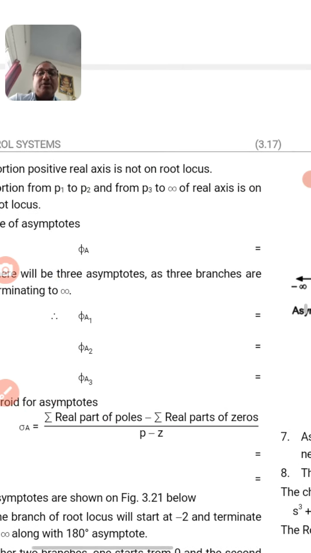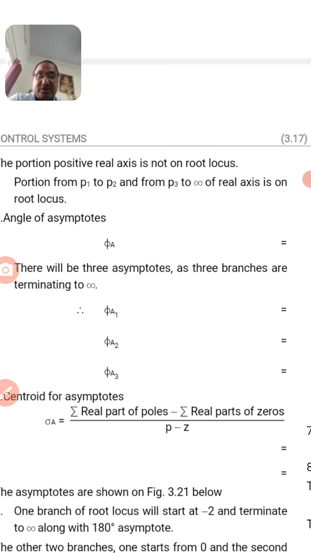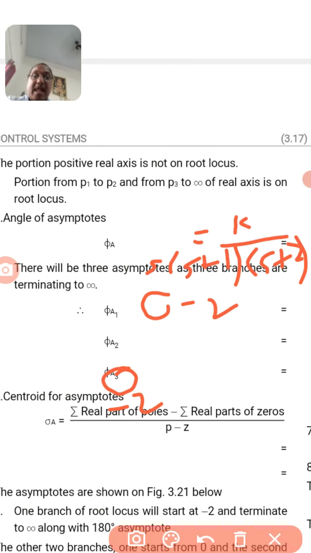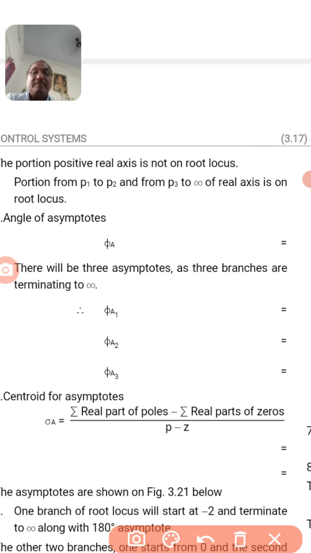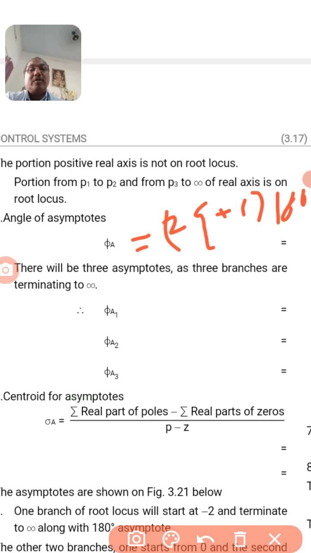The angle of asymptotes is given as follows. Angle phi A is equal to (2q plus 1) into 180 degrees divided by P minus Z, is the equation.